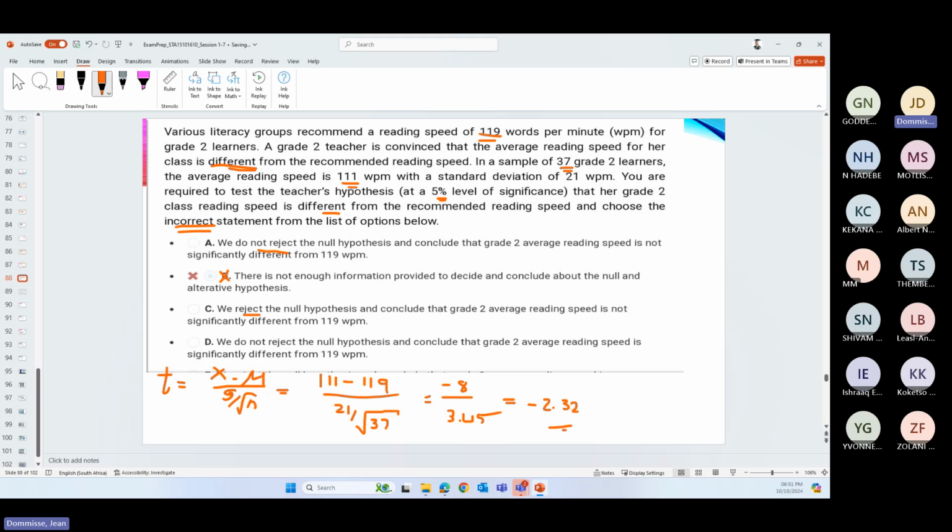So if I said known population, we will work with a Z. But by talking here specifically, they didn't really say unknown, but they said in a sample, the standard deviation is given. So what we know is the sample standard deviation, and we don't know the population standard deviation.